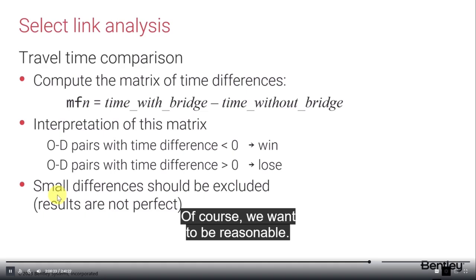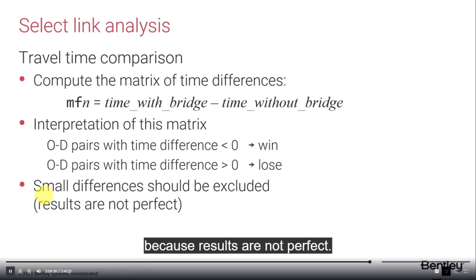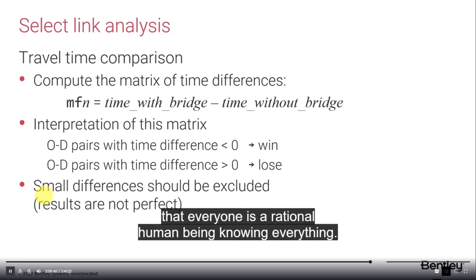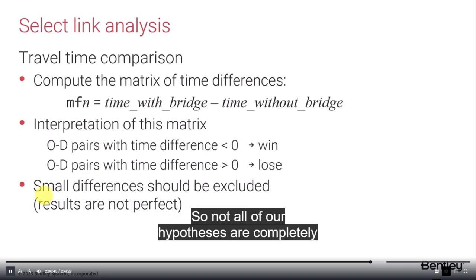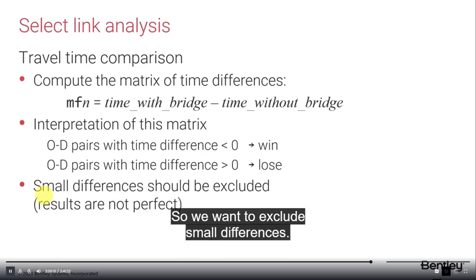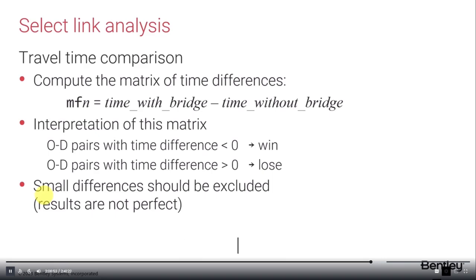Of course, we want to be reasonable. So if there are small differences, we should exclude them from the analysis. First, because results are not perfect. Remember, we're working with zones. So we are already doing a spatial approximation, and we are working with the assumption that everyone is a rational human being, knowing everything. So not all of our hypotheses are completely correct with the actual world. So we want to exclude small differences.